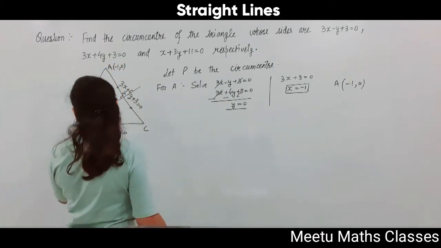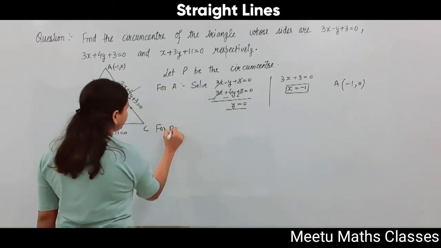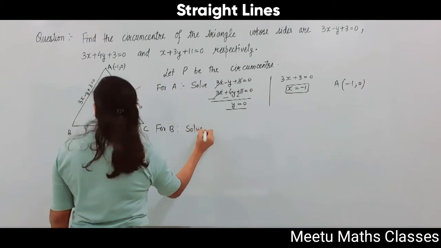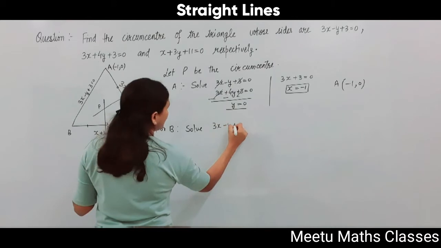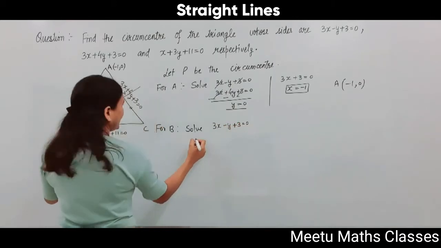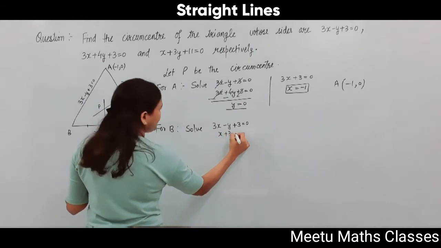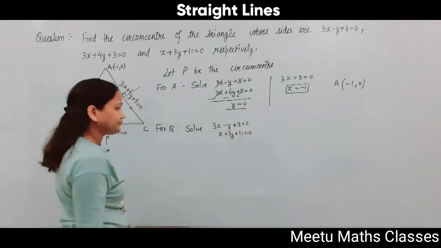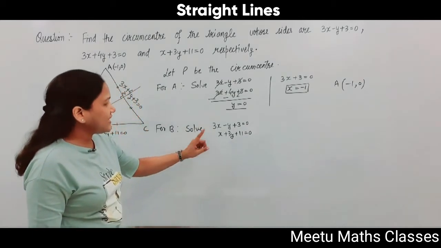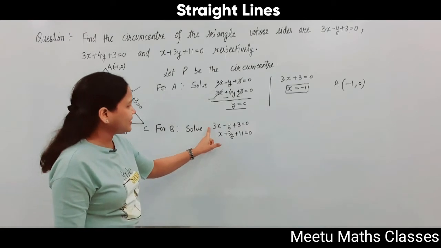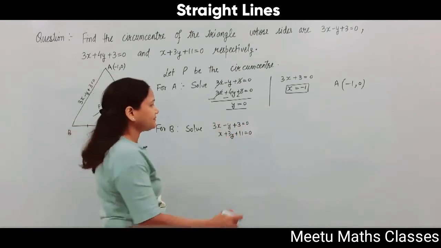Now for B, you are going to solve these two equations: 3x minus y plus 3 is equals to 0 and x plus 3y plus 11 is equals to 0. इन दोनों को सॉल्व करने के लिए यू कैन चूज एलिमिनेशन. एलिमिनेशन के लिए वी कैन मल्टीप्लाई द फर्स्ट इक्वेशन बाय 3.